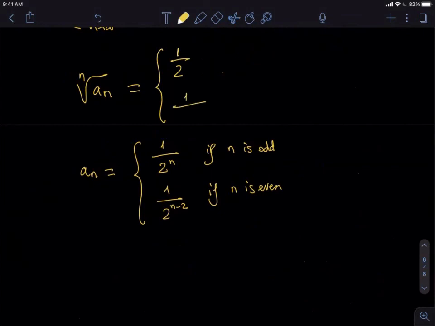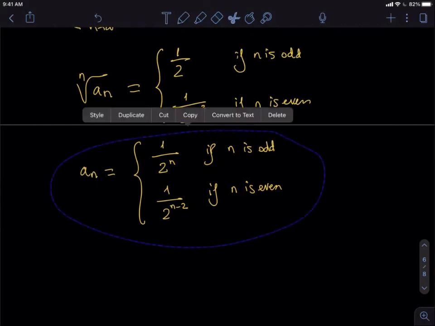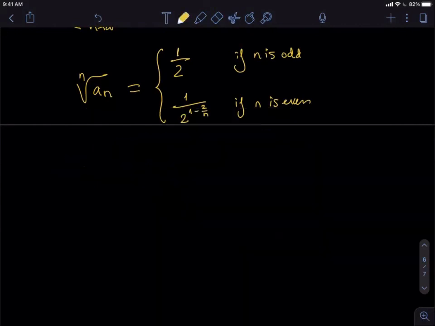And then the other one is 1 over 2 to the power 1 minus 2 over n if n is even, and 1 over 2 if n is odd. All right. So we are good to go.